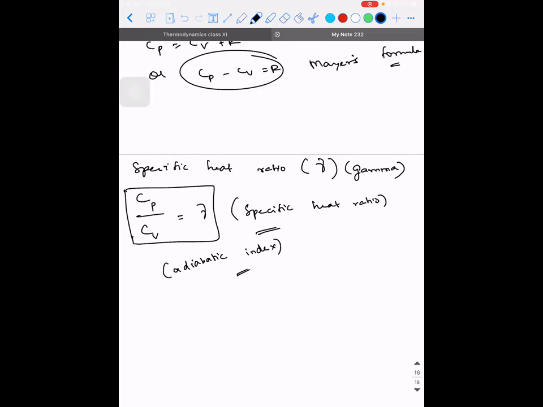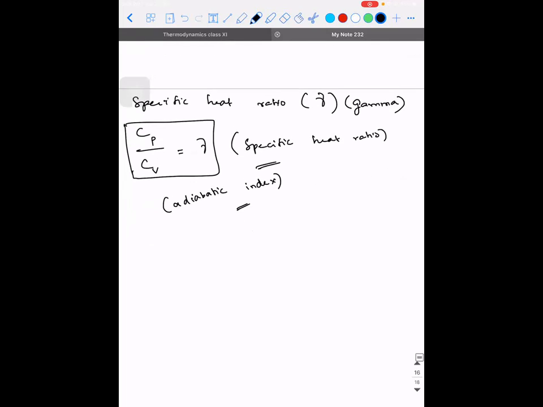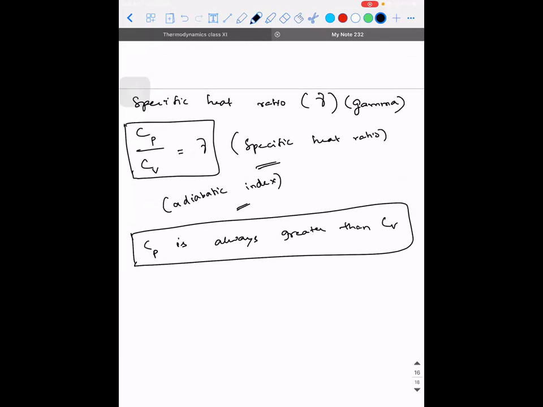Okay, so Cp by Cv is gamma. And the next important point is Cp is always greater than Cv. Hence, gamma is always greater than 1.